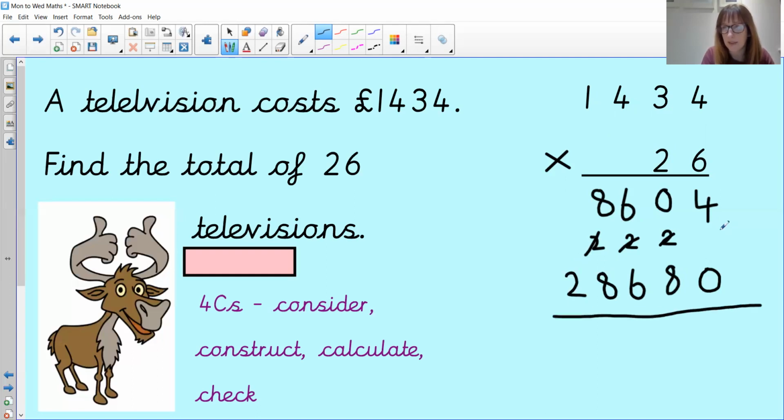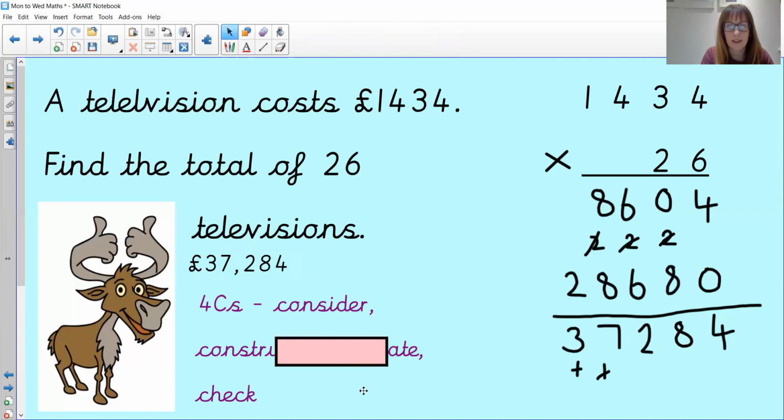So now I need to add these up. 4 and 0 is 4. 0 add 8 is 8. 6 add 6 is 12. 8 add 8 is 16. Add the 1 is 17. And then 2 add the 1 is 3.